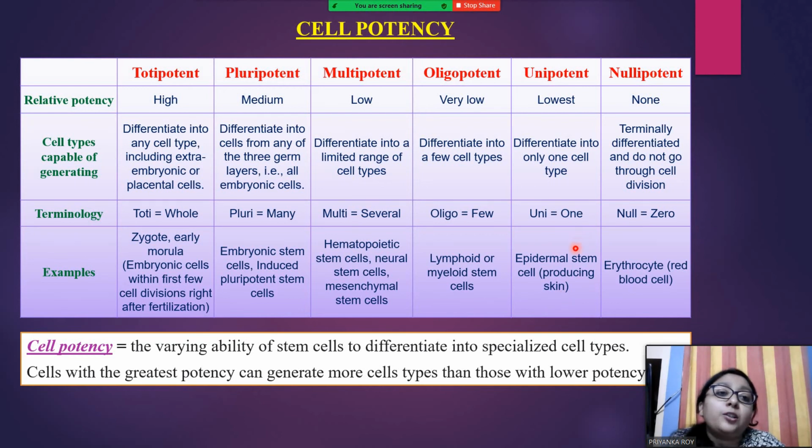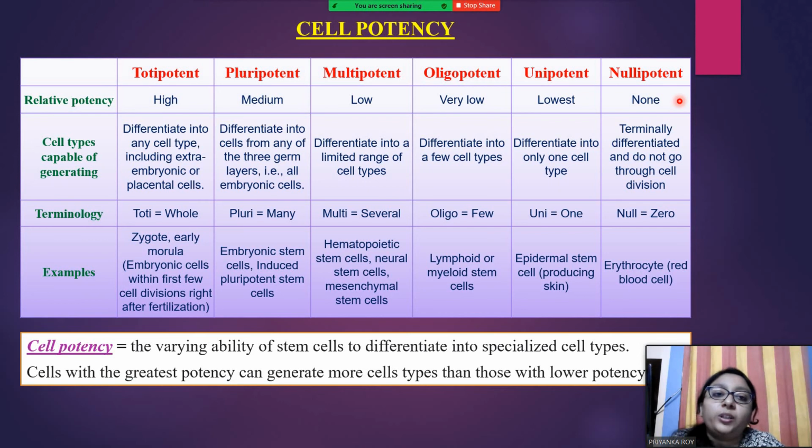And in case of burn patients also, you will see that some skin grafting is done, like skin from other regions of the body is grafted into the burned portion and then new skin cells develop from there. So the epidermal stem cell is an example of the unipotent. It can give rise to only one cell type, that is the skin cell.